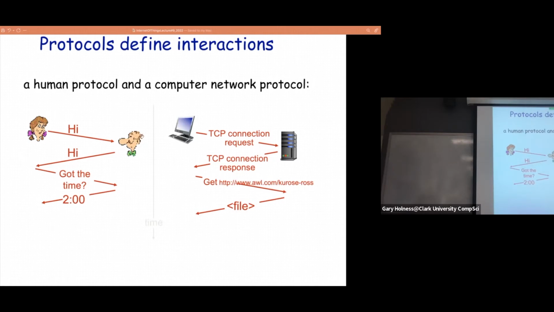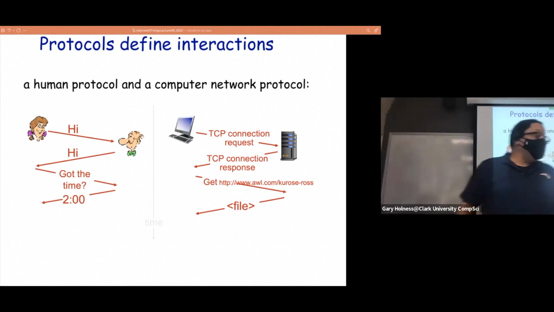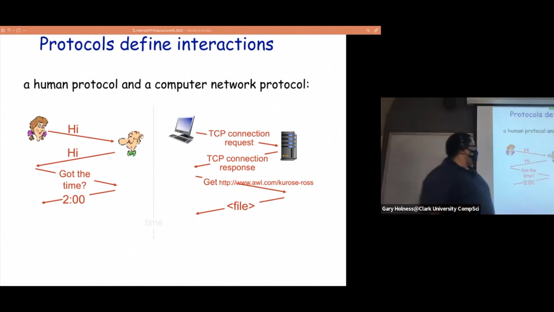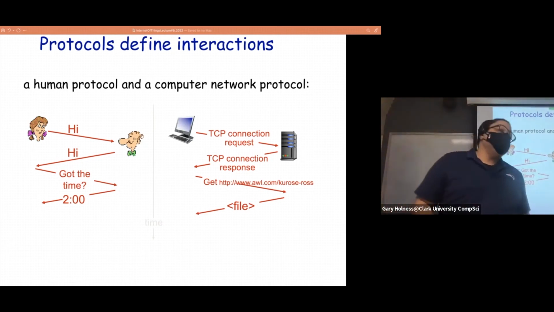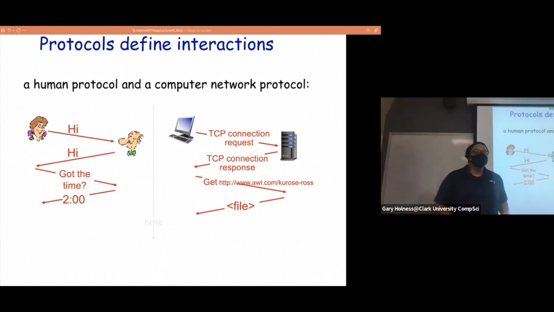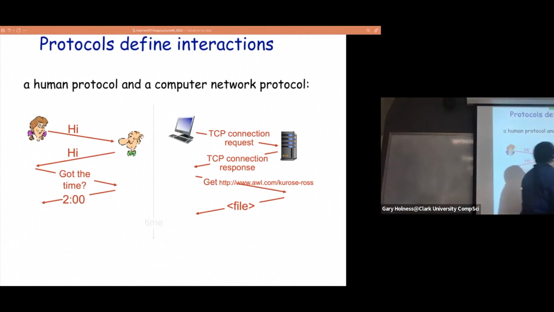So let's map that protocol diagram onto this protocol diagram on the right-hand side, your right, and this is for TCP. Maybe you fire up your browser, you type in www.clarku.edu and you hit enter. So what's happening? Well, your browser software is acting just like Alice. It's a client.